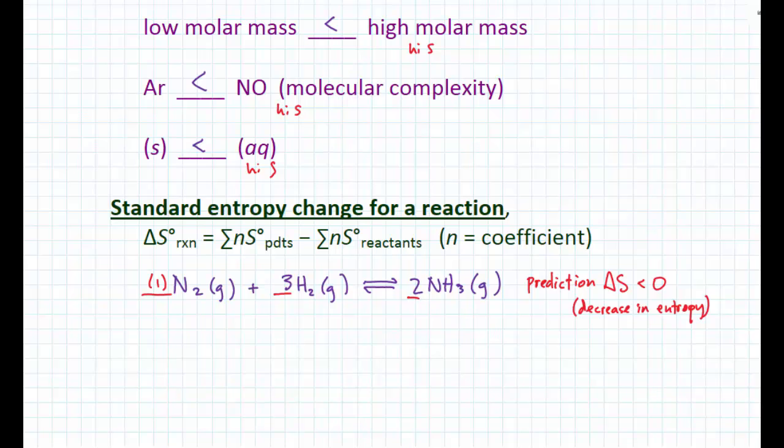We can calculate the actual value, though, under standard conditions if we have absolute entropy values for them, which can be looked up in the appendix in your textbook. Okay? So, 191.6, 130.6, 192.7.